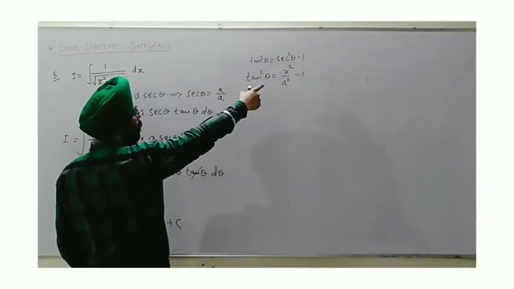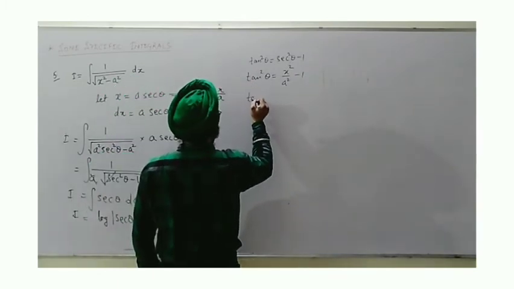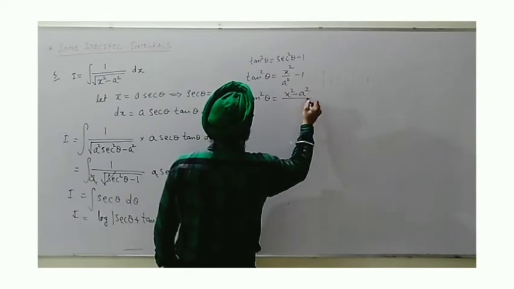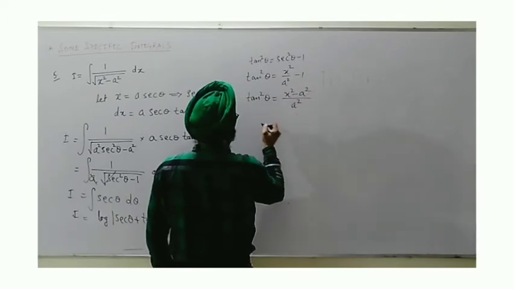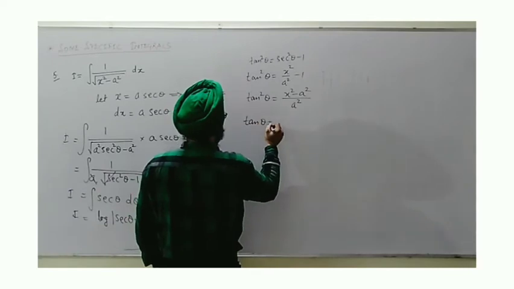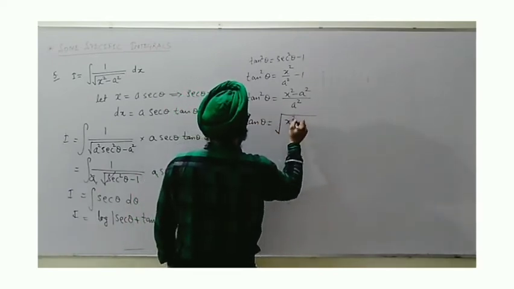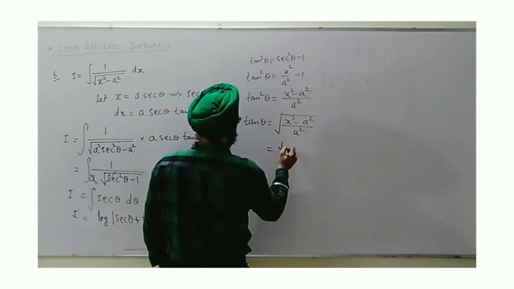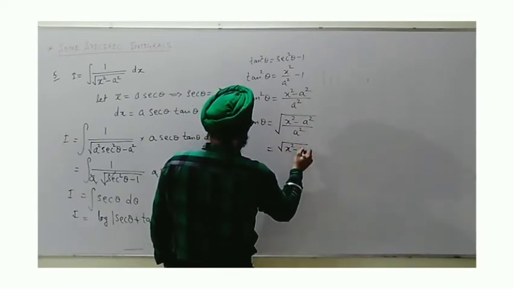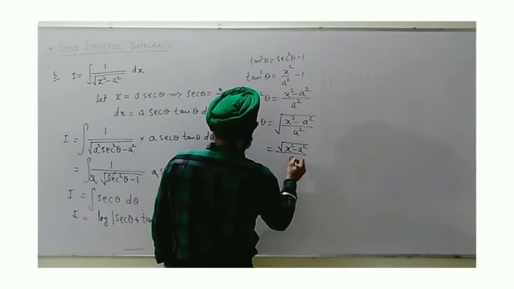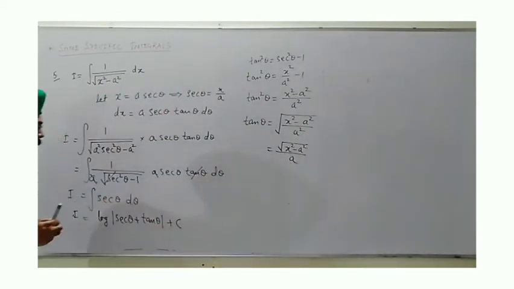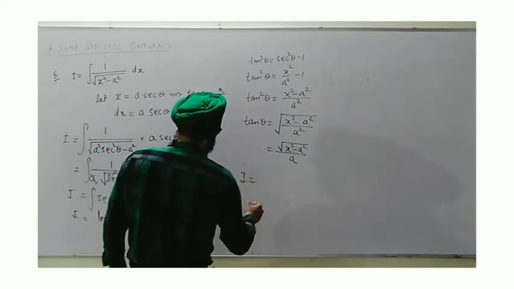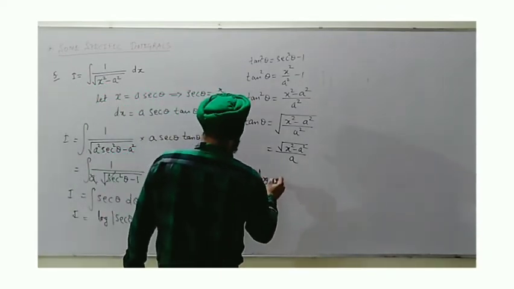From here I put the value and find tan square theta as x square minus a square upon a square, and the value of tan theta is obviously under root x square minus a square upon a square, which finally can be written as under root x square minus a square upon a.